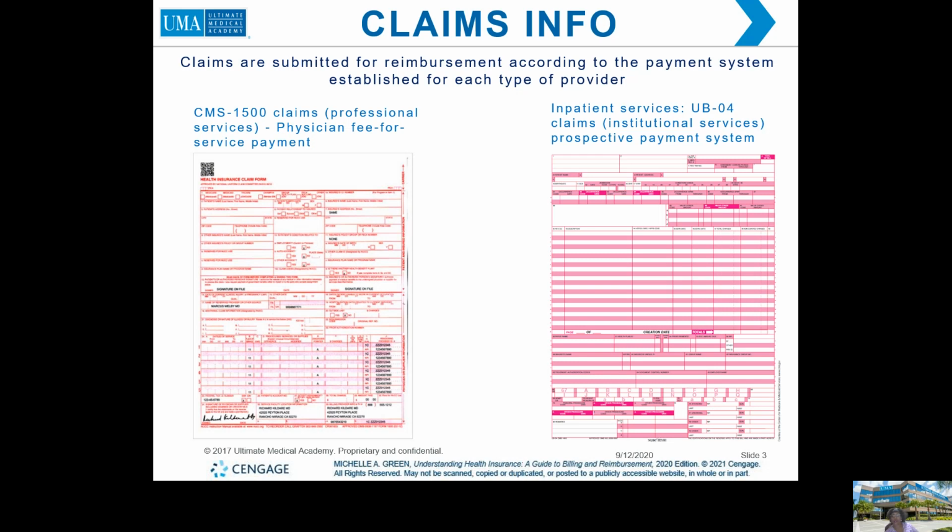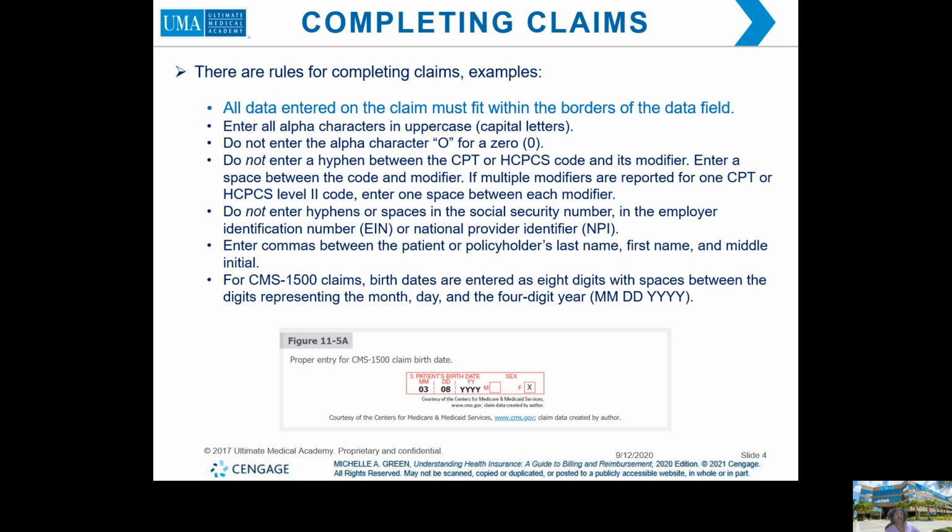It's going to be your fee for service. And then on your right-hand side, it's going to be your UB04, your institutional services for like prospective payment system services and providers. So depending upon what type of provider it is, will determine which particular claim is used to bill the third-party payer.